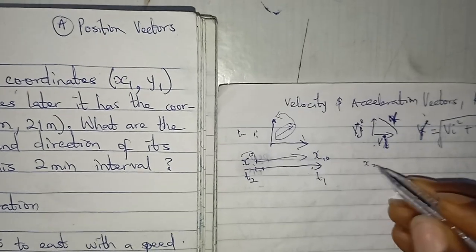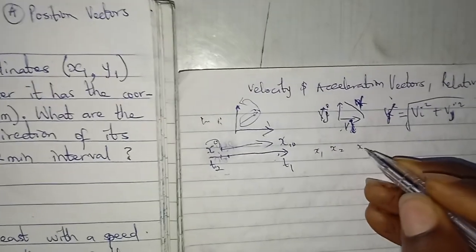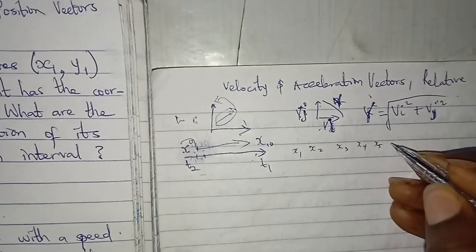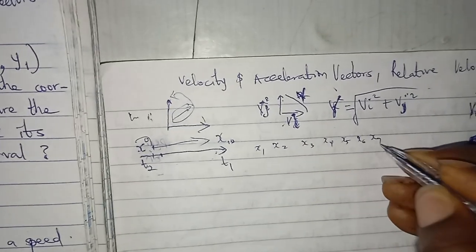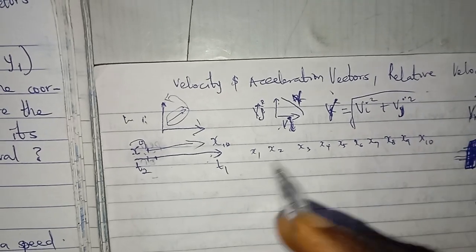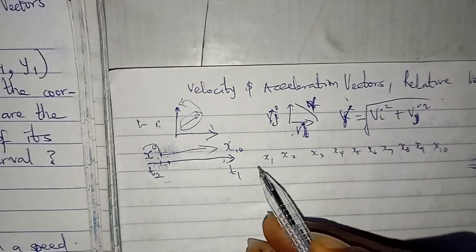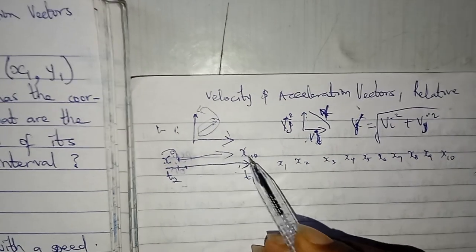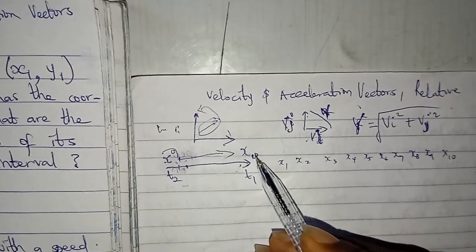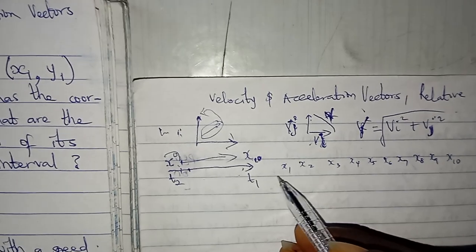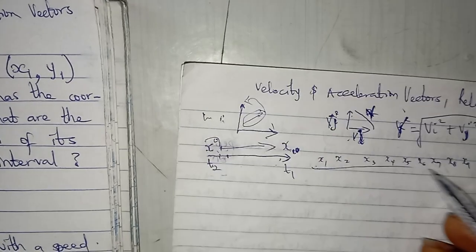So at the points x1, x2, x3, x4, x5, x6, x7, x8, x9, x10, all these different positions that happened before you got to the actual displacement you are looking at are what we are calling instantaneous velocity.